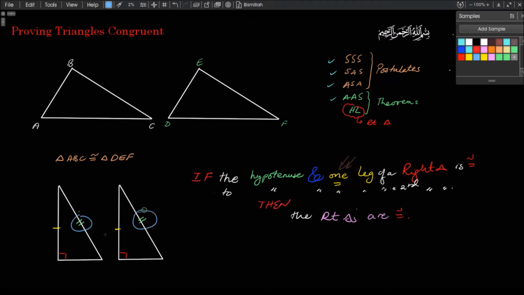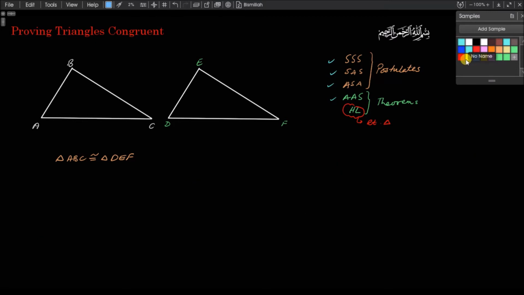If the hypotenuse is congruent and one of the legs is congruent, then these two triangles will be congruent. Okay? So these are the five ways we're going to learn how to prove triangles congruent.